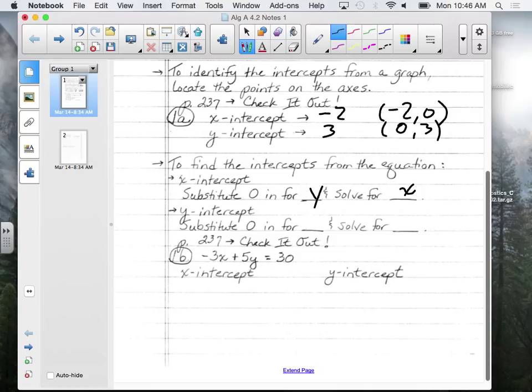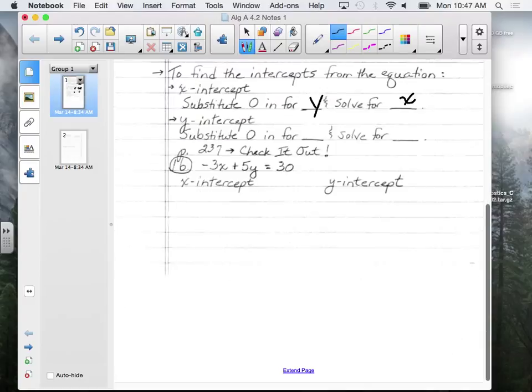I'm just asking you to talk about why we're substituting in 0 for y. Why would we do this if we're trying to find that x-intercept? Because that's where it starts. I did my homework like one time. I think we have other conversations going on that should not be.